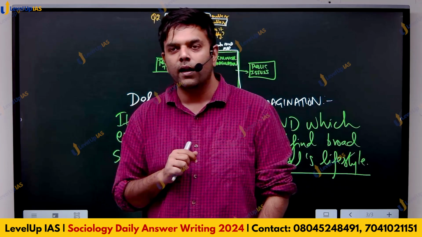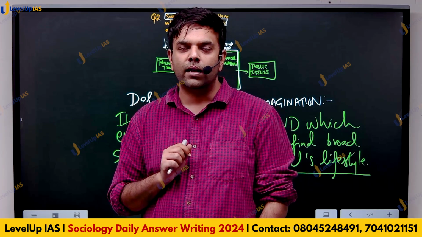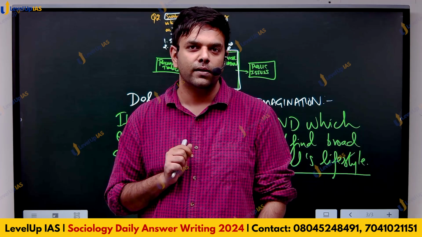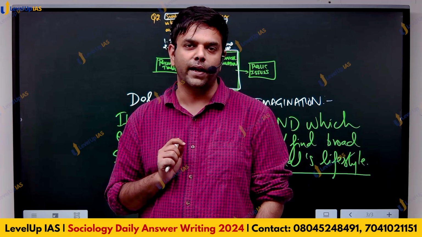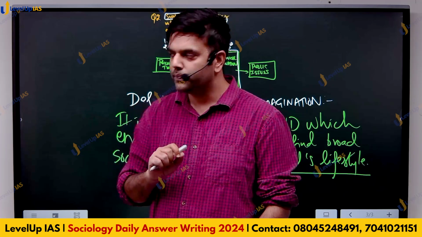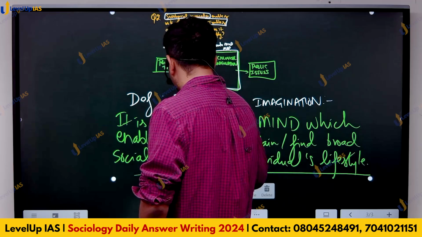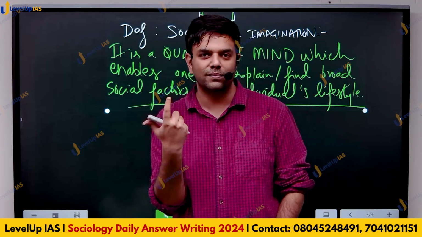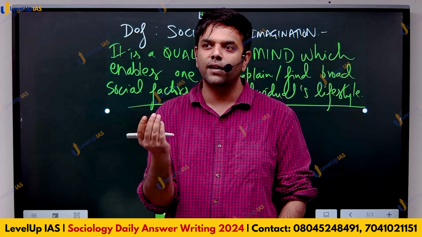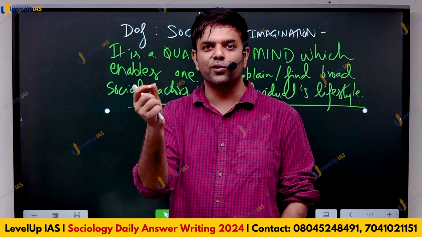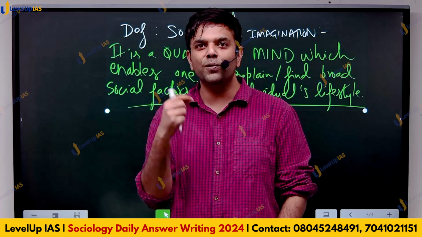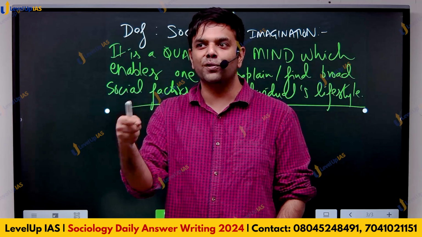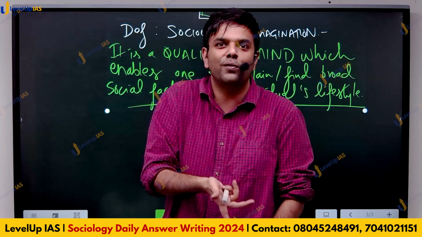Right? Now, we should remember the concept was coined by C.W. Mills. That means it is not a general word. It is not that imagining something sociologically is sociological imagination. No. You need to explain what imagining something sociologically really means, because that is what the question is.